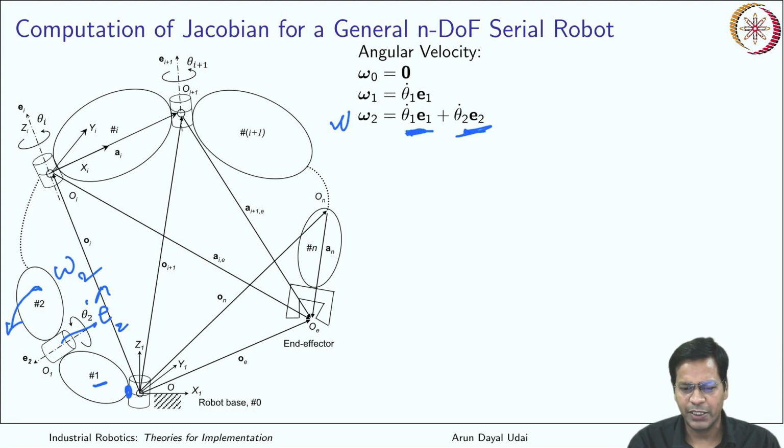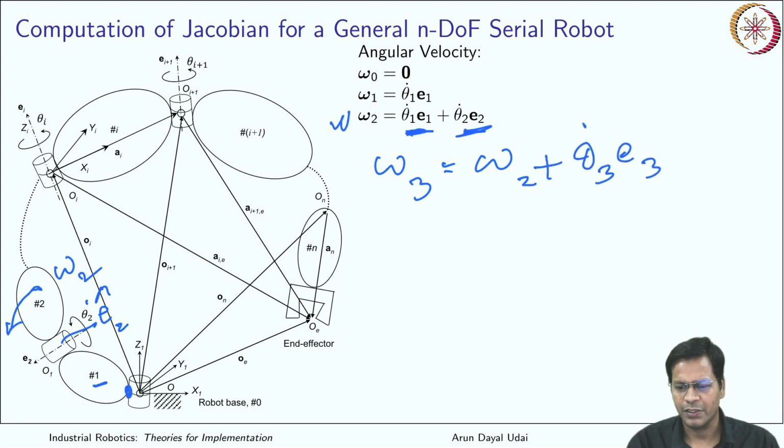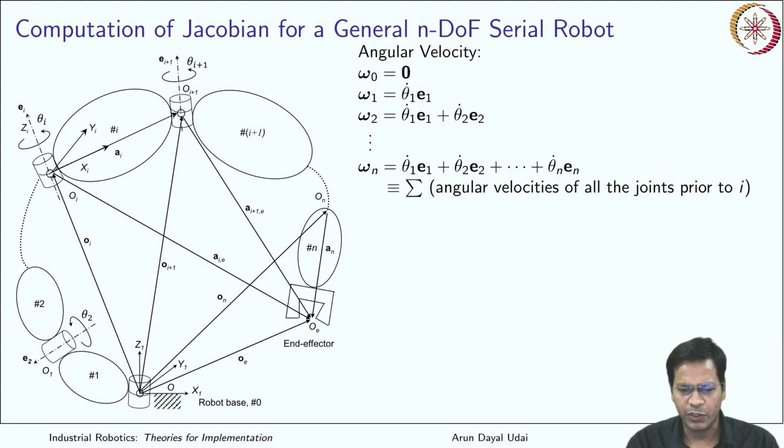Similarly, the third one: omega 3 would be omega 2 plus theta 3 dot E3. So this will be your omega 3, and the whole of omega 2 will come here. This is how we'll keep on adding. So effectively, omega n, the last link angular velocity, will be the sum of all the angular velocities up to this point.